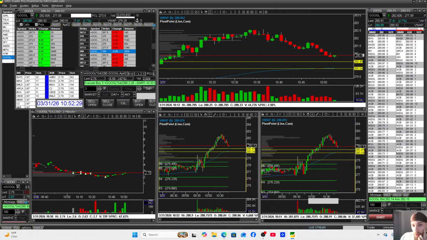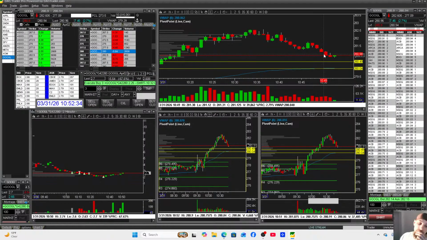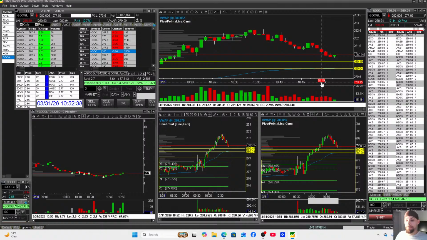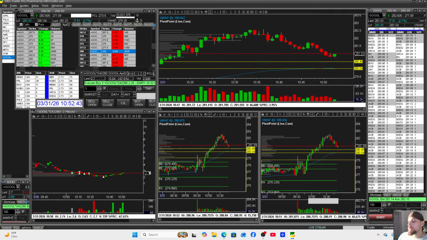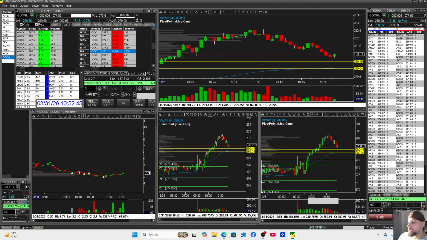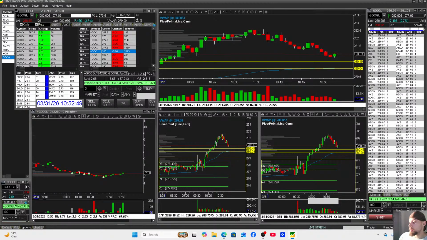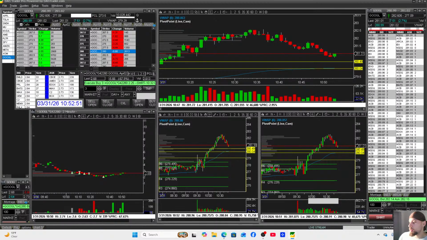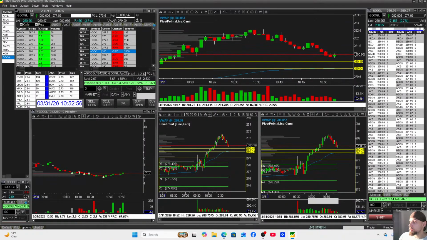Since the opening. Qs is testing R4 now. Again, that's a significant area of support for the Qs. SPY is still grinding down.